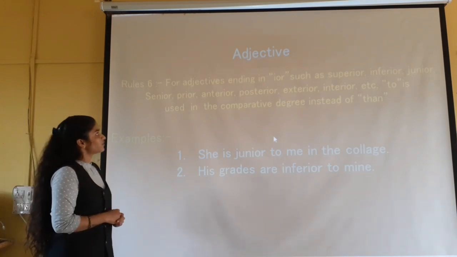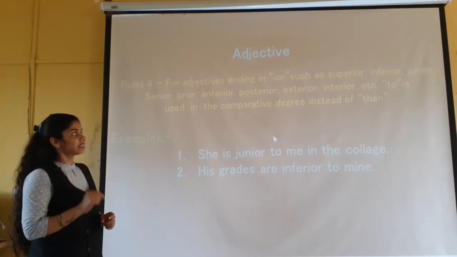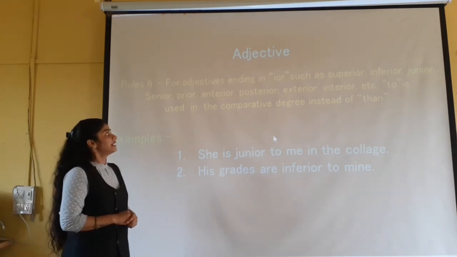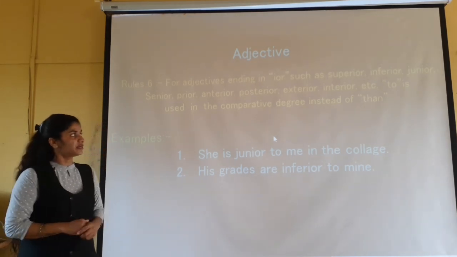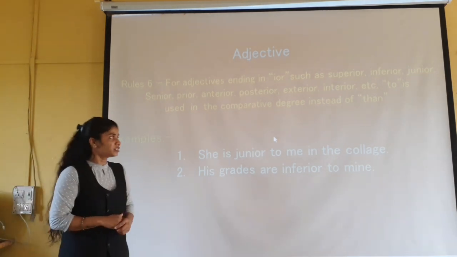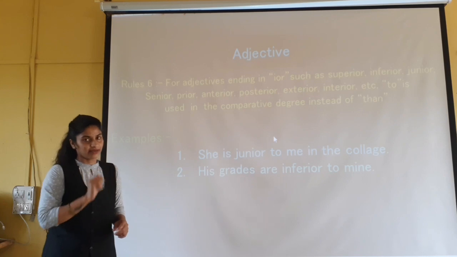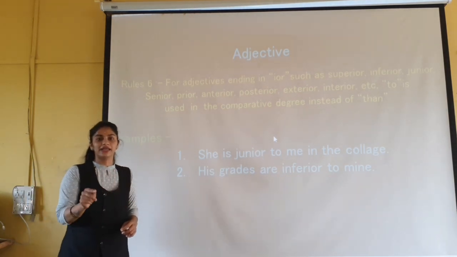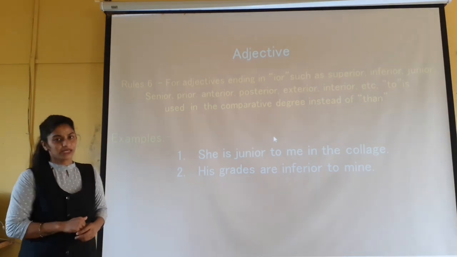Let's go further. Now here rule number 6: for adjectives ending in IOR, such as superior, inferior, junior, senior, prior, anterior, posterior, exterior, interior, etc., to is used in the comparative degree instead of than. We use than when we are adding ER or IER in the comparative degree.